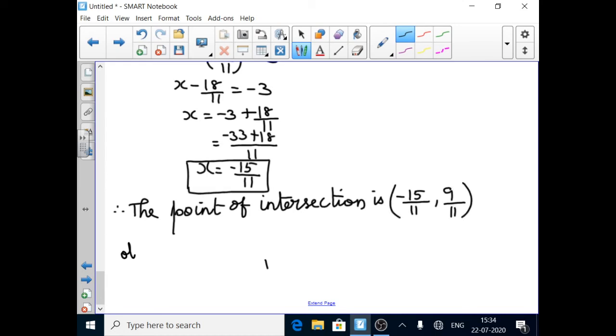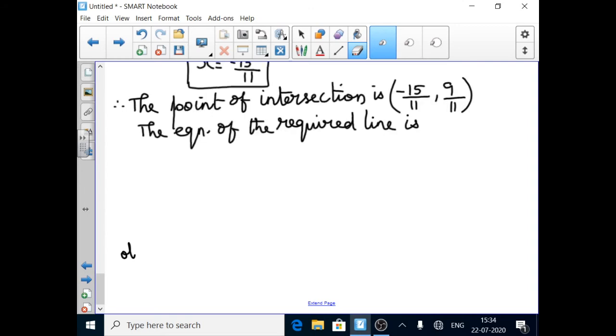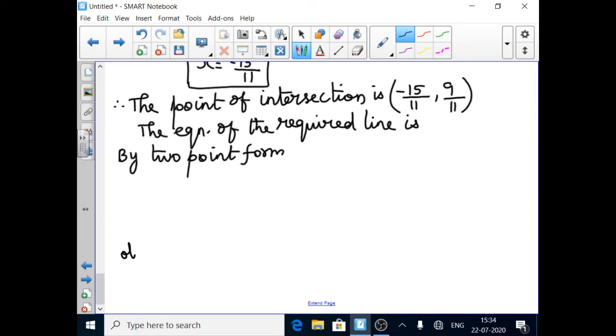So by two point form, the equation of the required line is (y minus y1) divided by (y2 minus y1) is equal to (x minus x1) divided by (x2 minus x1).